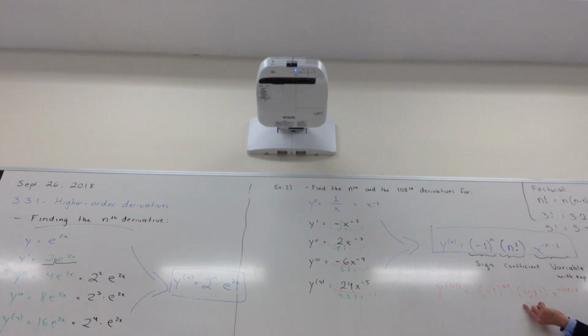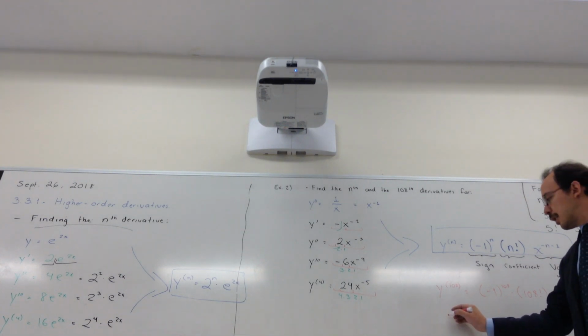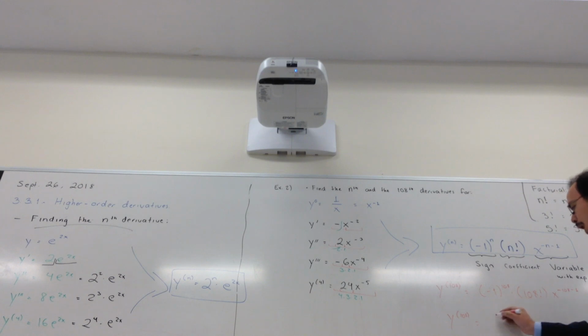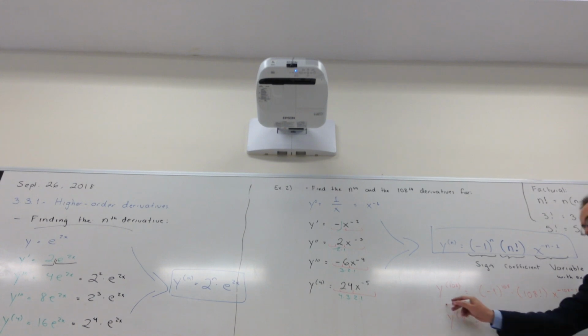It's a really, really big number. We're just going to try to simplify what you can. For example, minus 1 to the 108, it can be done. What's that? 1. So it's positive. So that means the 108 derivative will be positive 108 factorial over, because it's negative, x to the 109 power.